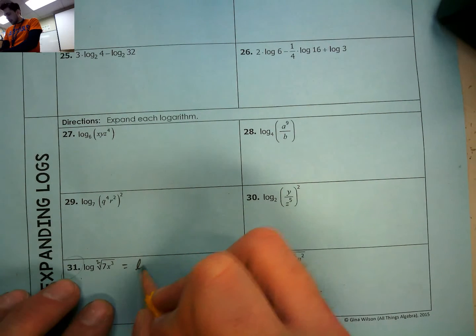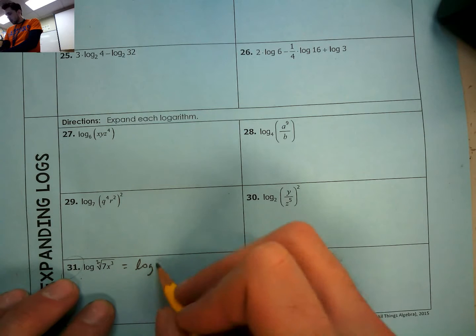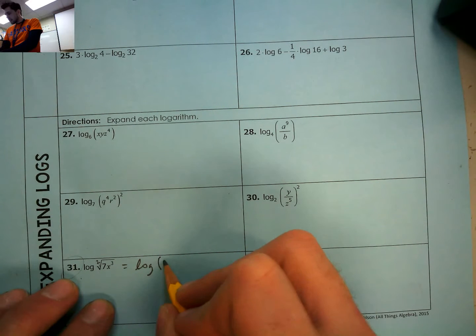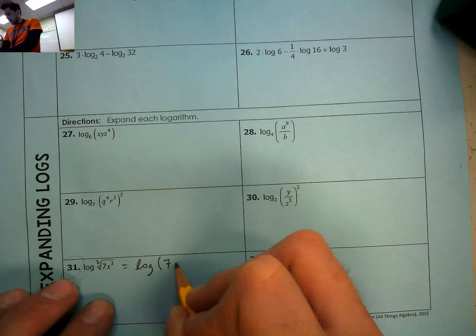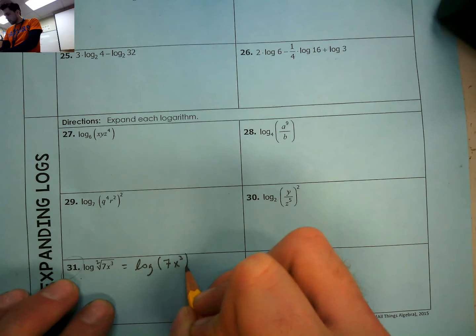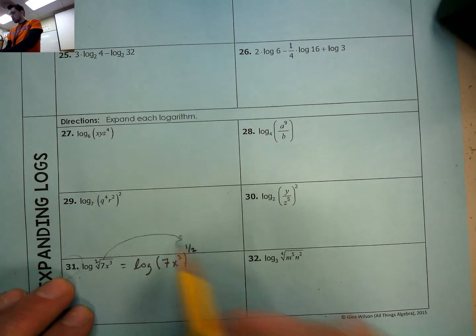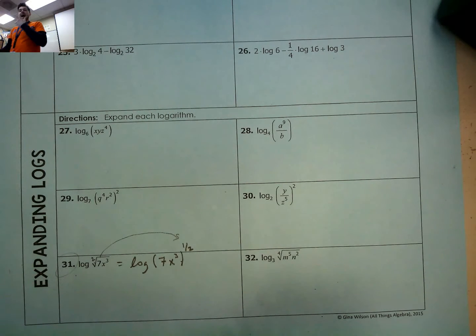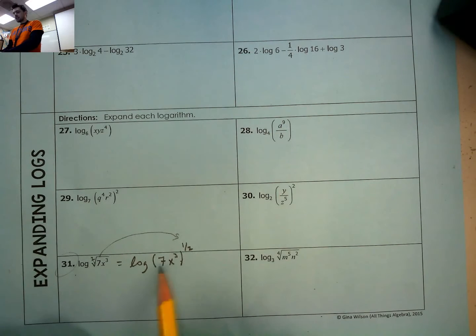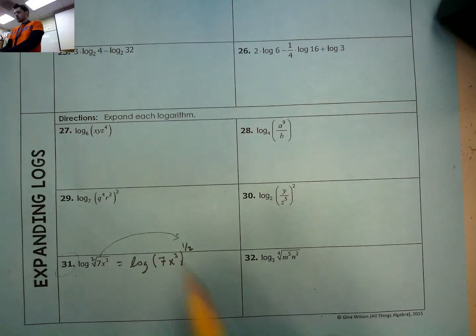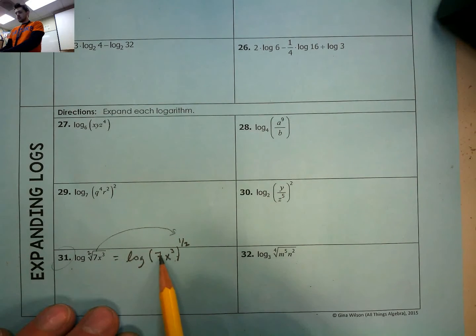But we can rewrite it as log of 7 x to the 3rd to the 1/2. That square root sign turns into a 1/2. A 1/2 of all of the stuff inside the parentheses. Everything. Not just of the x to the 3rd, not just of the 7, but both of them.